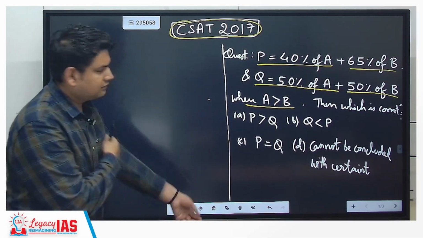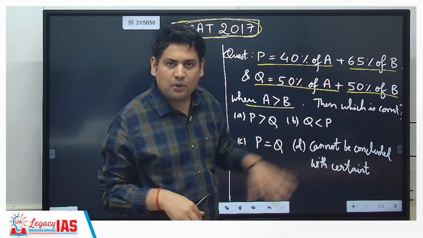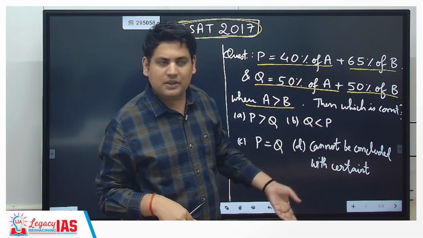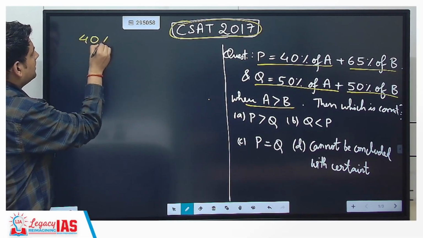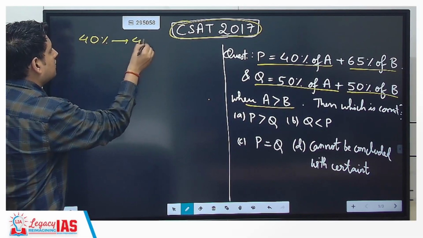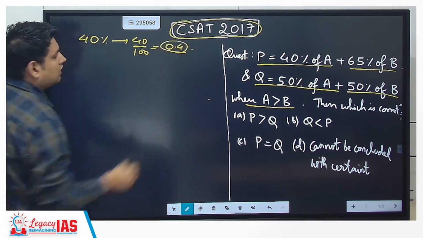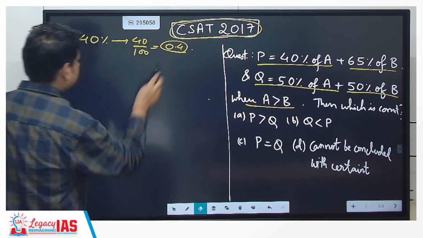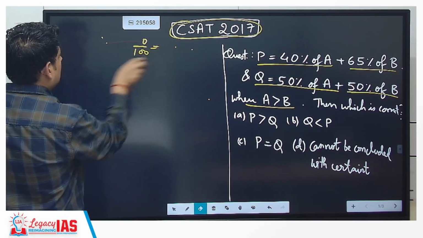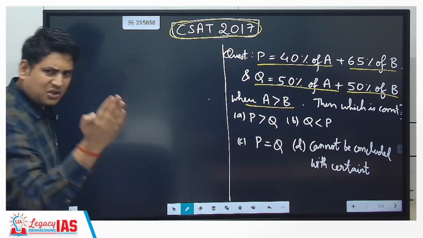Now see. P is equal to 40% of A plus 65% of B. Now 40% can be written as 40 by 100 or 0.4. Similarly 65% can be written by just shifting 2 decimal places.